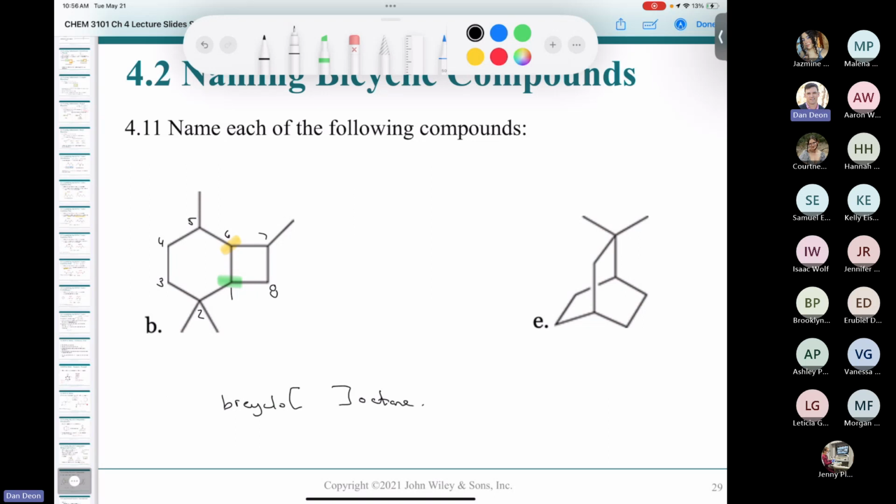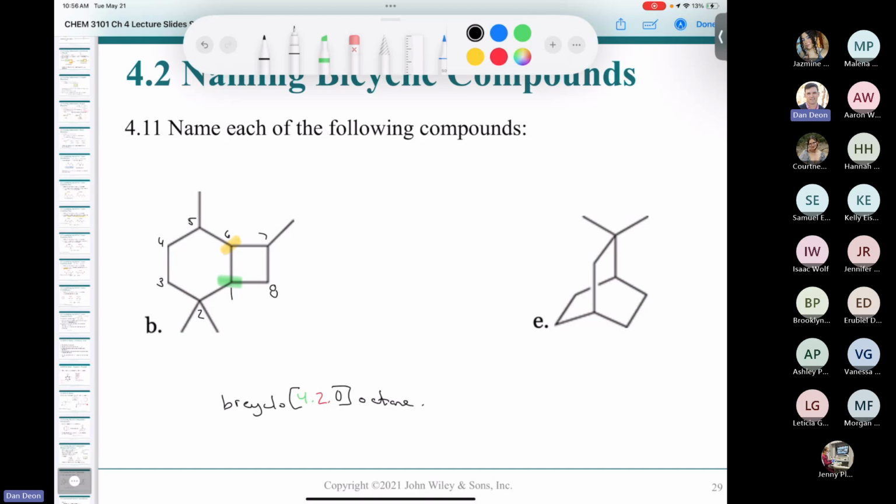Now, what are the lengths of my bridges? This bridge has a total of 4 carbons. This bridge has a total of 2 carbons. We'll put 2 here. And then here, there are no carbons in the bridge, so I'll put 0. So we have bicyclo[4.2.0]octane. Now I just have to number the methyl groups.